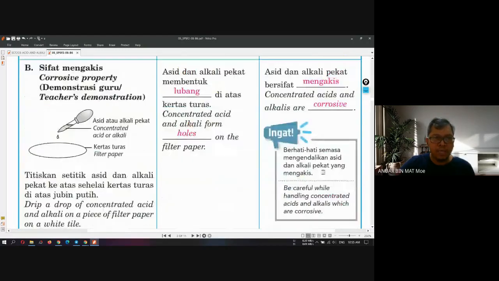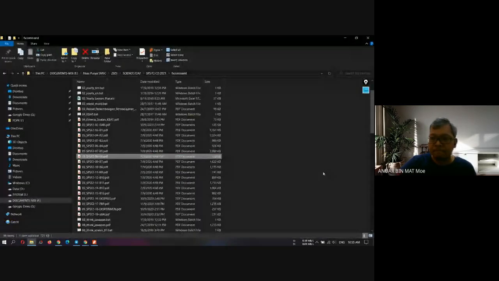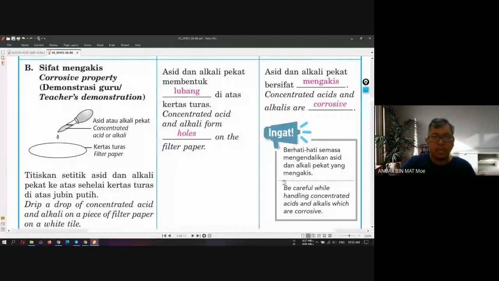How about B? B is the activity to test their corrosive properties. Corrosive properties mean that when you touch the acid, it will corrode the material. For example, if you accidentally touch the acid or alkali, it will hurt your skin.